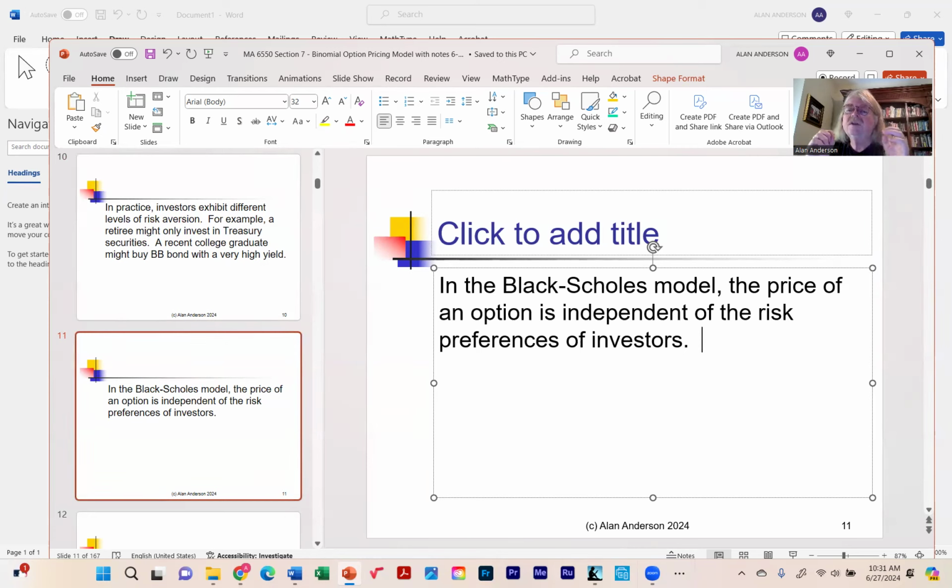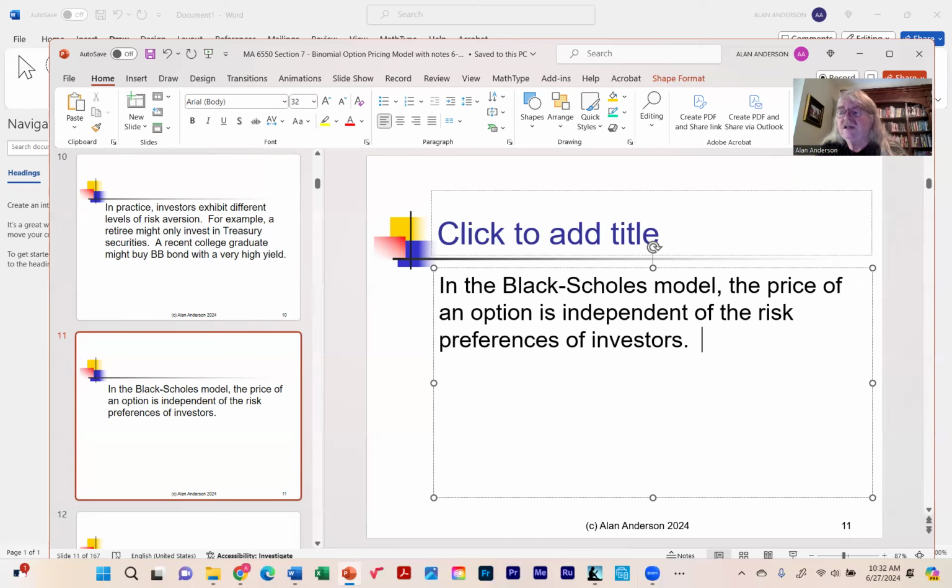So risk preferences are independent when we're modeling derivatives, in particular options. Nobody's opinion is of any consequence when it comes to pricing options. They are what they are, because remember, this is coming from an arbitrage-free relationship.